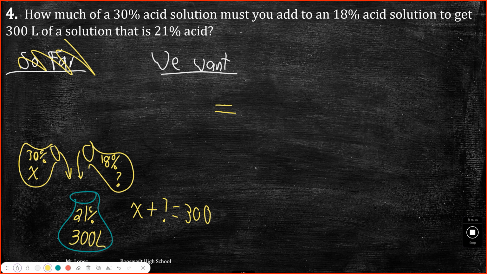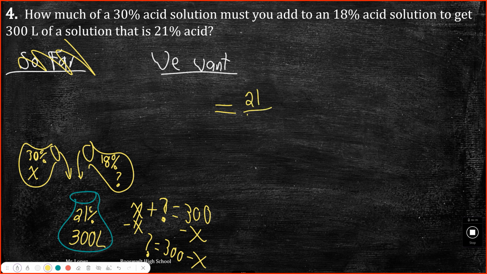So I want to solve for this question mark in terms of this. How can I get the question mark by itself? Don't I need to get rid of this? So the question mark is going to be 300 minus X. Okay, now let's go to over here. What is it that we want?